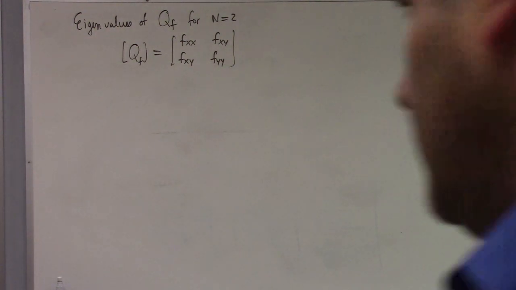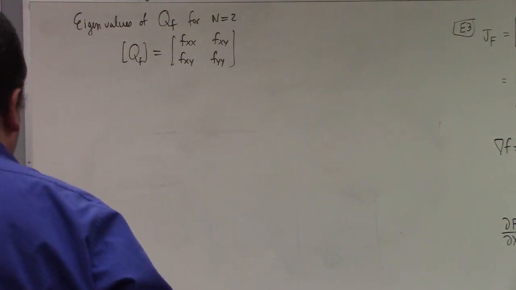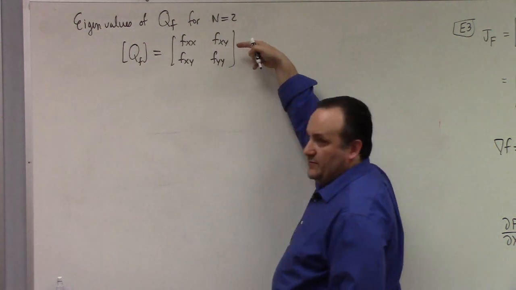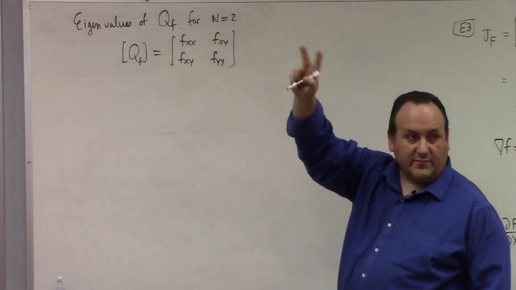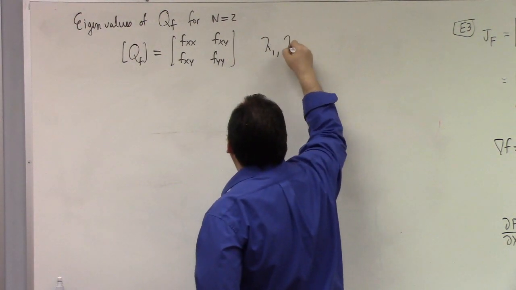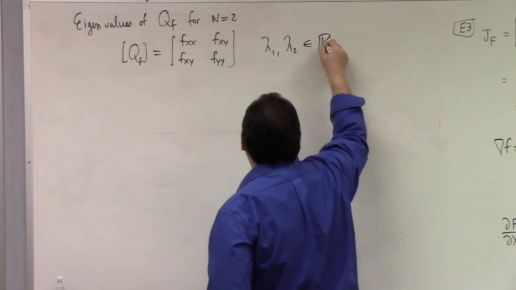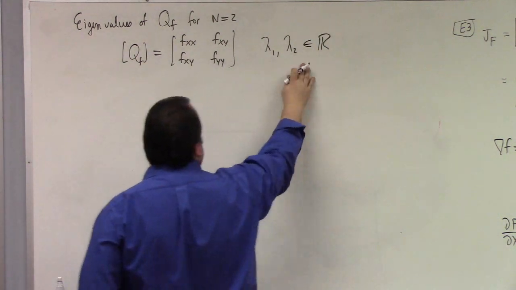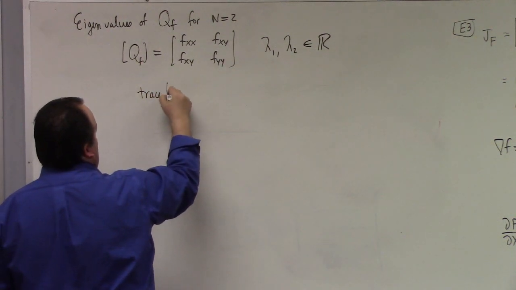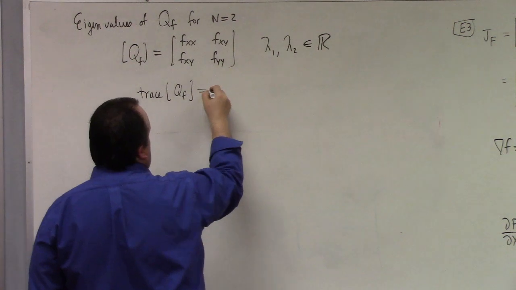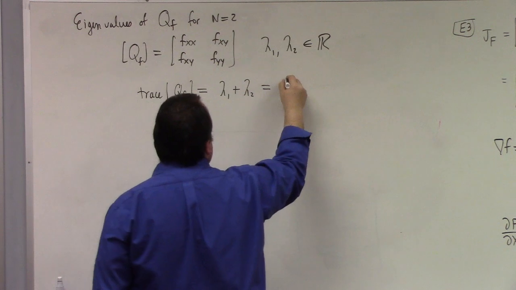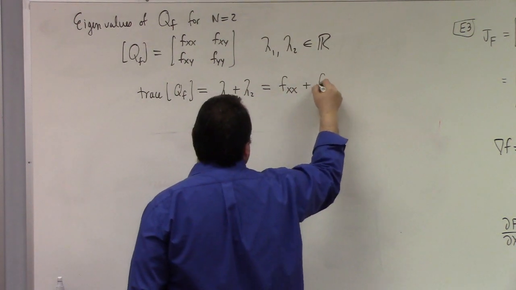The trace is the sum of the eigenvalues, right? First of all, it's a symmetric real 2 by 2 matrix. We know that there are 2 eigenvalues. They're both real, so lambda 1, lambda 2 are elements of the reals. And what can we tell about these eigenvalues for this matrix? Well, certainly the trace is lambda 1 plus lambda 2, but it's also equal to fxx plus fyy.